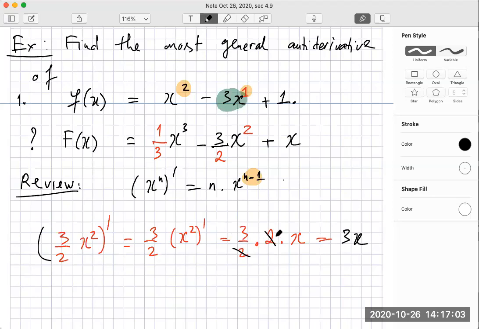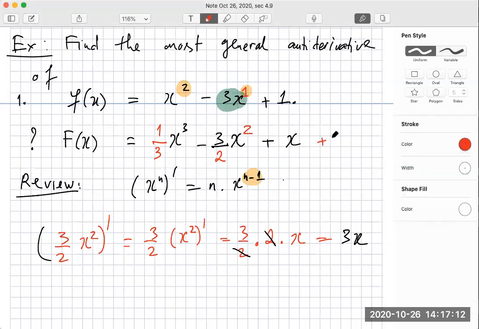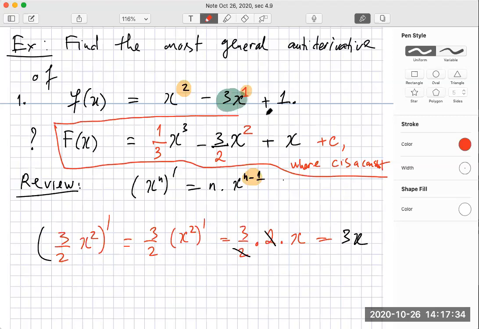But this is not the most general antiderivative. What we need to do is add a constant c, right? The whole thing here will be the most general antiderivative of the function small f of x.